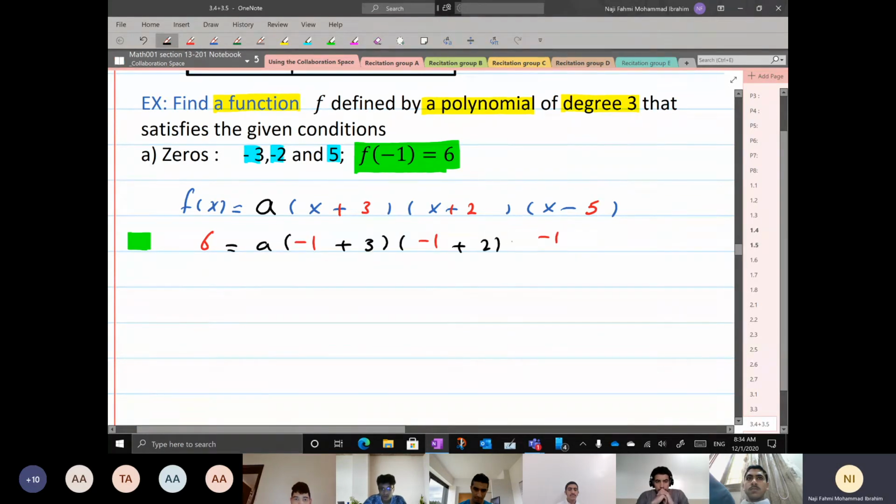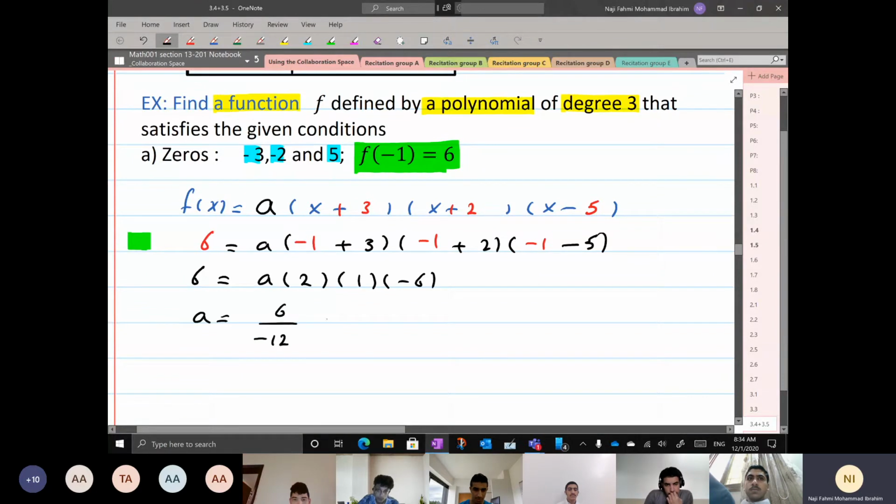So now I can find the value of a. Let's simplify these to see how much is a. This is 2 times 1 times negative 6. So can I say that a is 6 over negative 12, which is? Negative half.